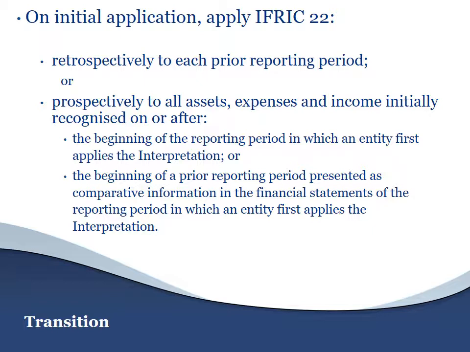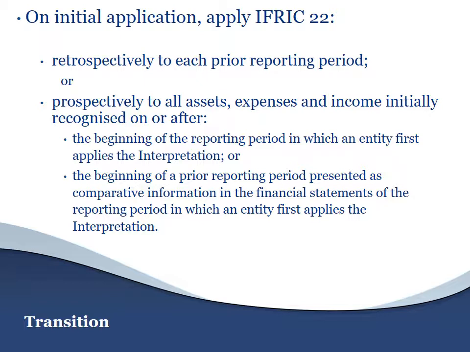Or alternatively, you could apply it prospectively to all assets, expenses and income initially recognized on or after the beginning of the reporting period in which the entity first applies the interpretation, or the beginning of a prior reporting period that is presented as comparative information in the financial statements of the reporting period in which the entity first applies the interpretation.